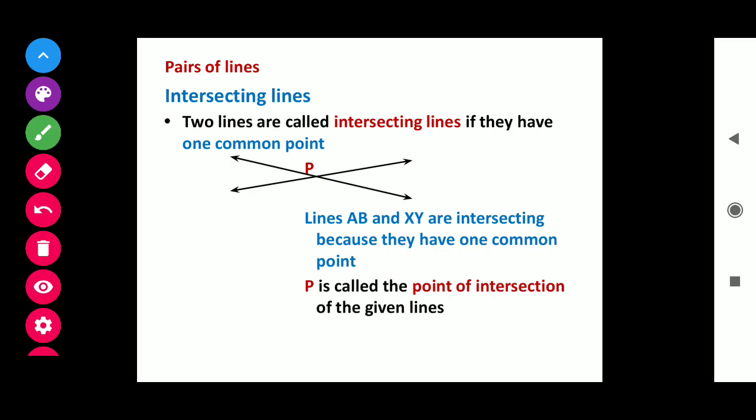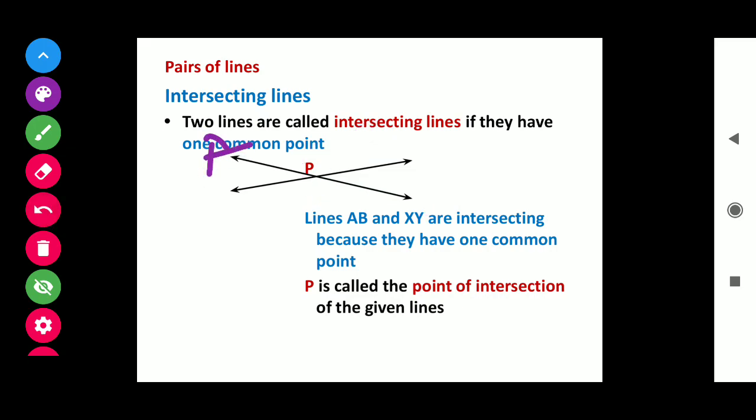Pairs of lines. First, intersecting lines. 2 lines are called intersecting lines if they have one common point. Here you can see that this line and this line, 2 lines, are intersecting each other at one point P. So lines AB and XY, you can call any one AB and any one XY.